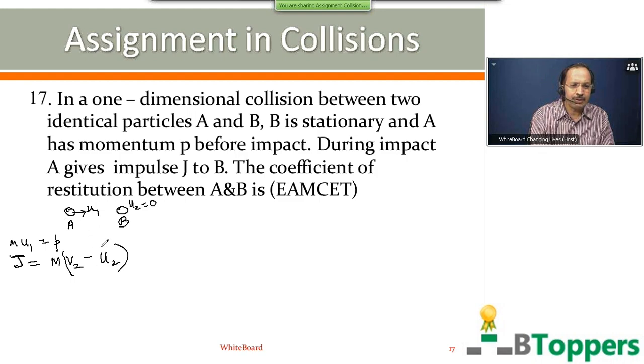M is the mass, which is the same for both bodies. Here the second body is initially at rest, so u2 is 0. Substituting u2 equal to 0, you can write J equal to m into v2, or v2 can be written as J by m, and u1 can be written as P by m.